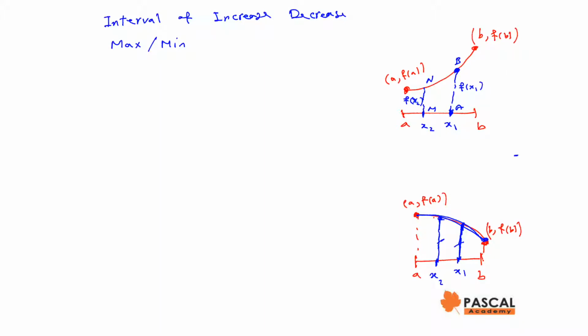This means if the derivative of a function exists and it is positive on the given interval a and b, then the function is increasing on that interval. Similarly, if the derivative of a function at any point of the given interval exists and it is negative, then the function is decreasing on that interval.